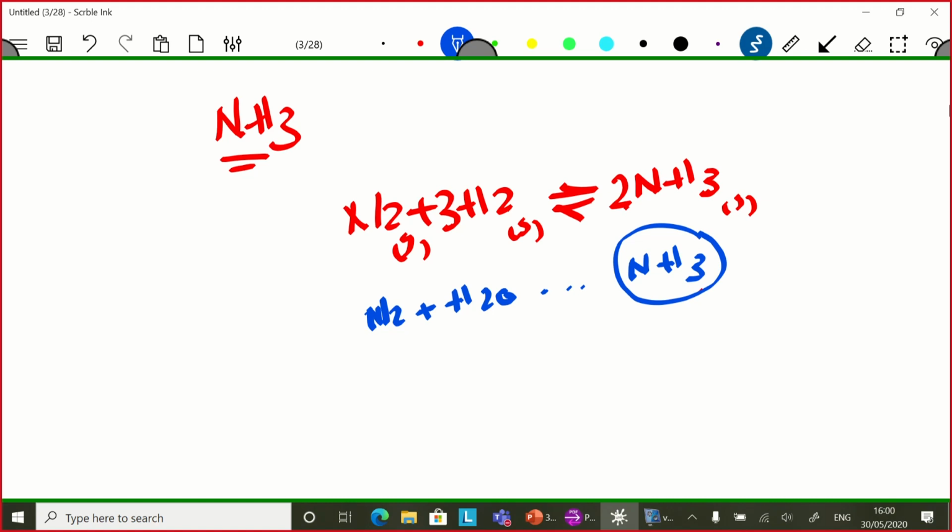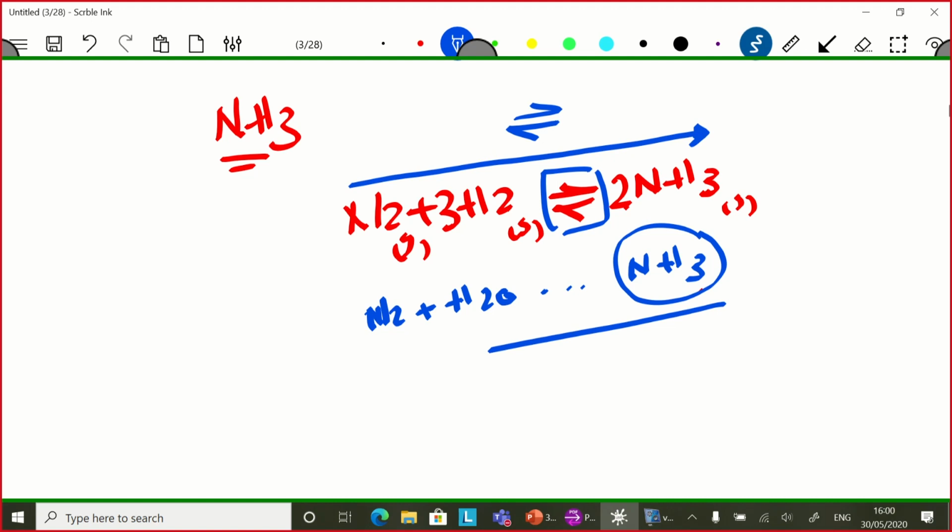And this is actually telling me as well, from this arrow, that we have two opposing reactions. We have a reaction going in this direction, and we have a reaction going in the opposite direction.